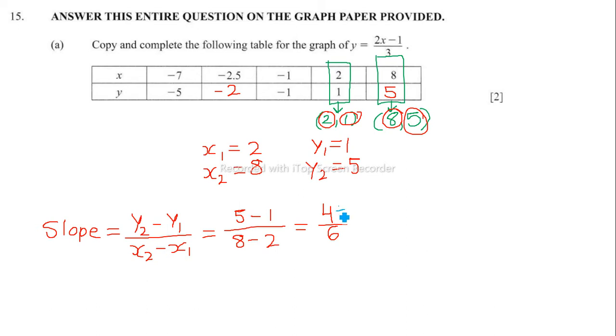So divide top and bottom by 2. What is 4 divided by 2? 2. And what is 6 divided by 2? 3. And so it is 2 over 3.